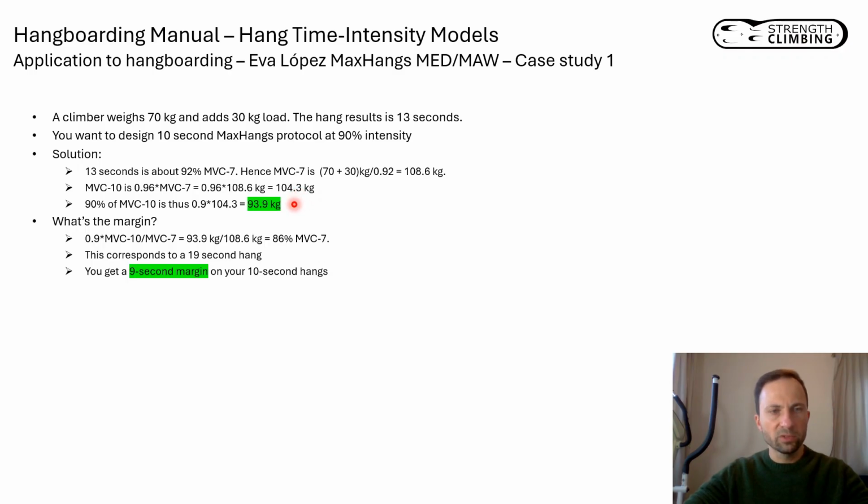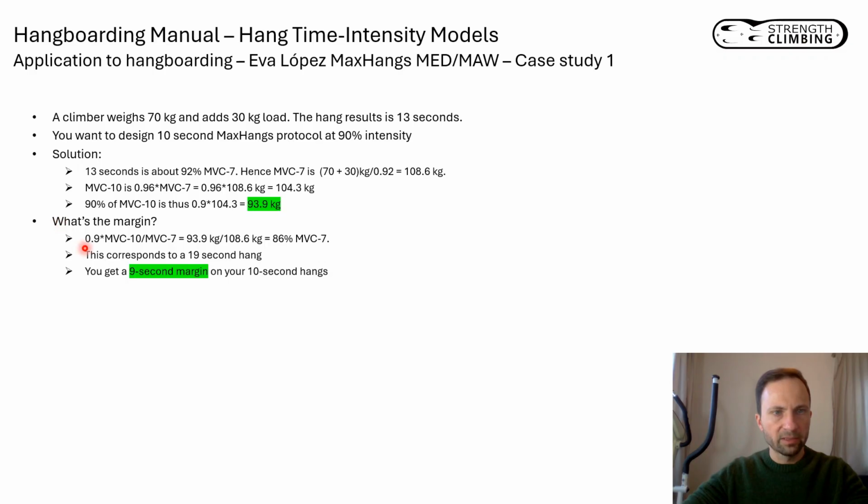And now we want to make it a 90% intensity hang in relationship to the MVC10. So that's 0.9 times 104.3, so the result is 93.9 kilograms. Let's now calculate what is our time margin on this hang.